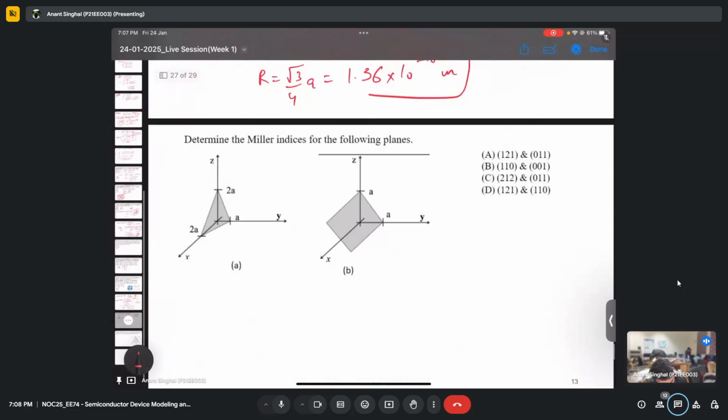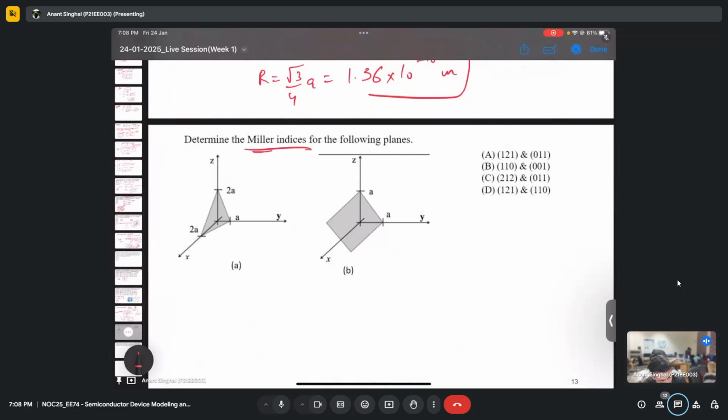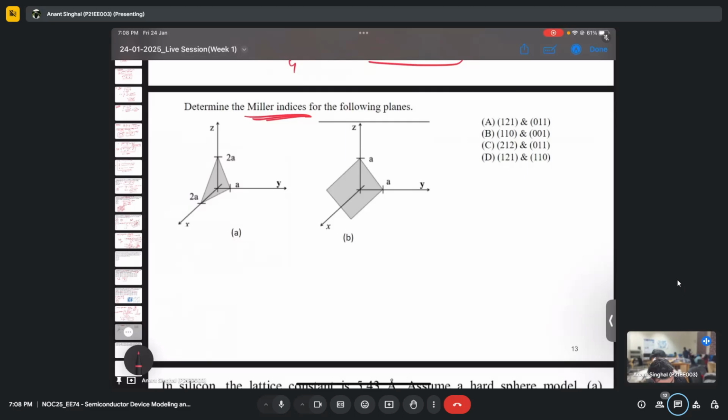There's one more concept, which is the last concept, that is Miller indices. We need to calculate the Miller indices for the following planes. Miller indices is basically used to represent certain atoms or certain planes of an atom. How can we do that? Let me tell you. Let's say we have a certain plane. We need to check the plane first.